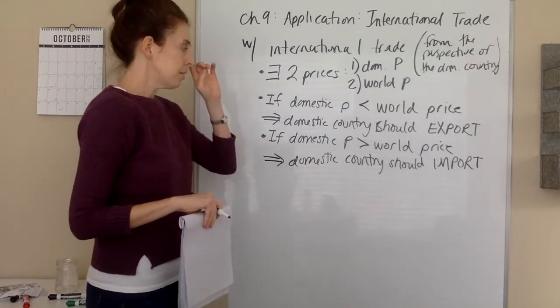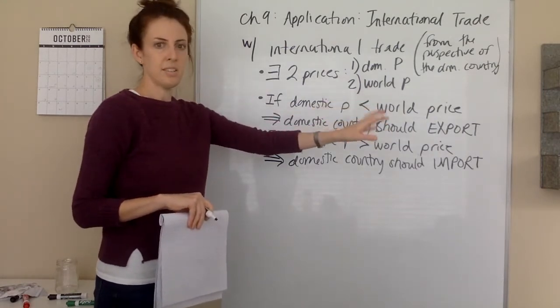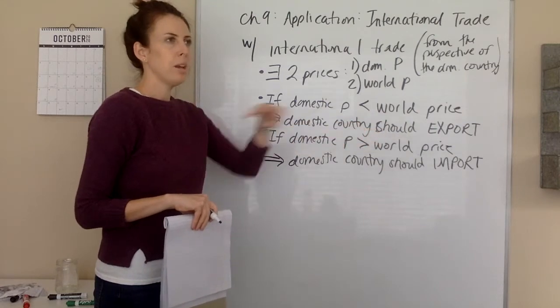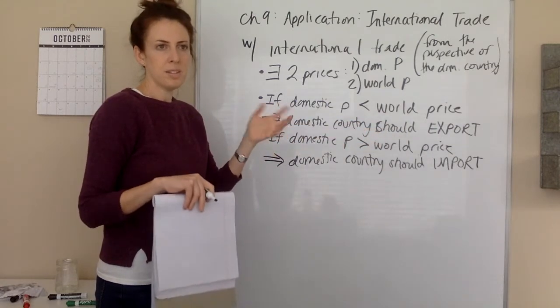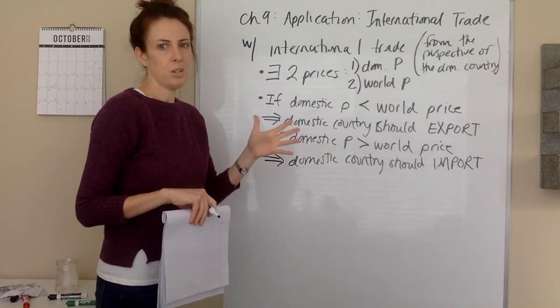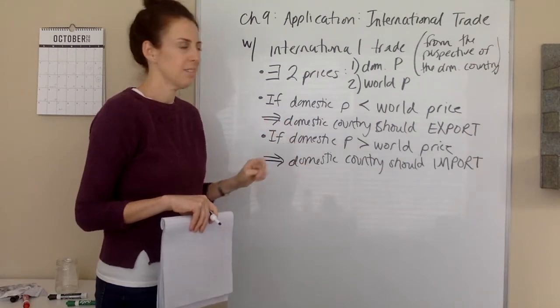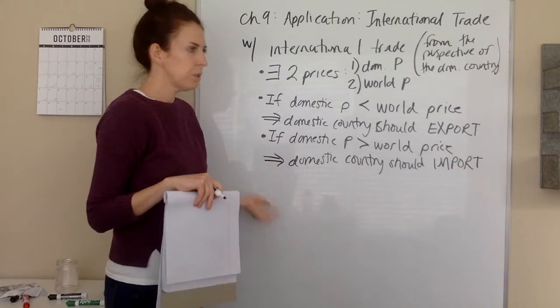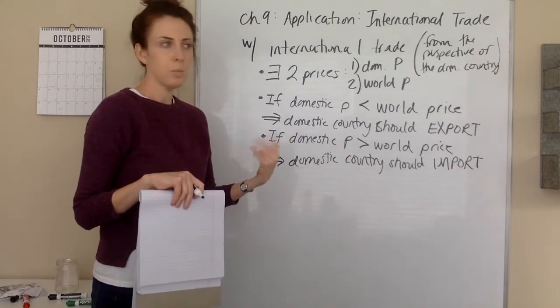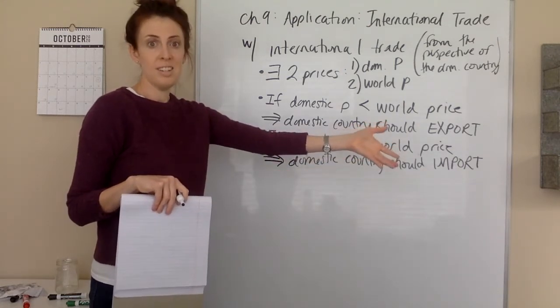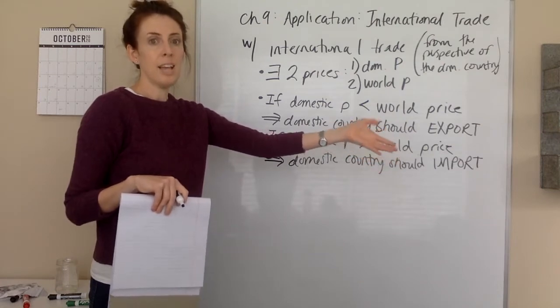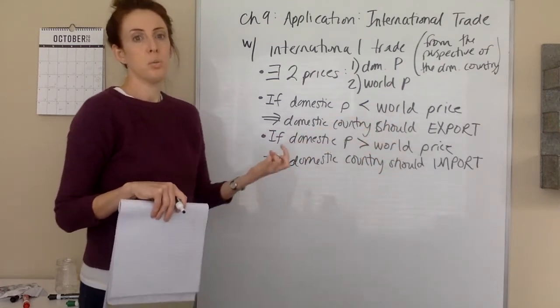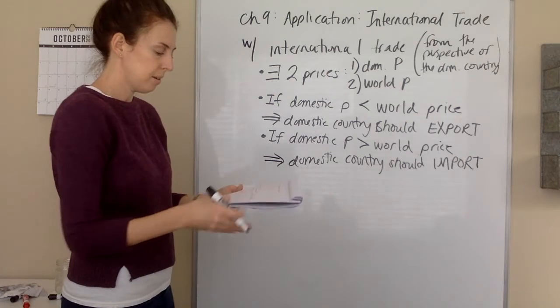Suppose in the rest of the world, rice is super, super cheap. But in America, or in the domestic country, the price of rice is kind of high because we're not really suited to making rice. If that's the case, then what should the domestic country, America, do? We should just import rice from the rest of the world because it's super cheap overseas.